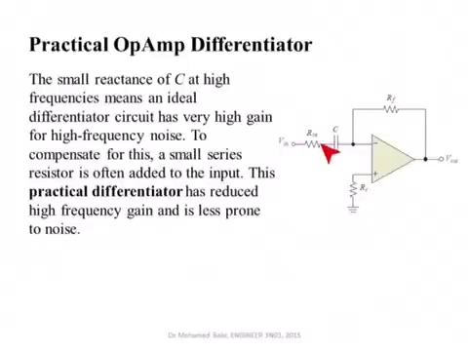They put this input resistance here, and they add this resistance as well to balance the bias current. We wouldn't have to worry about that, it's simply one other non-ideality of the op-amp. But the most important thing to remember is that when you have a very high frequency noise signal, the gain will be equal to minus RF over Rin, not infinity. The gain will not be equal to infinity, which is a problem for the ideal differentiator.